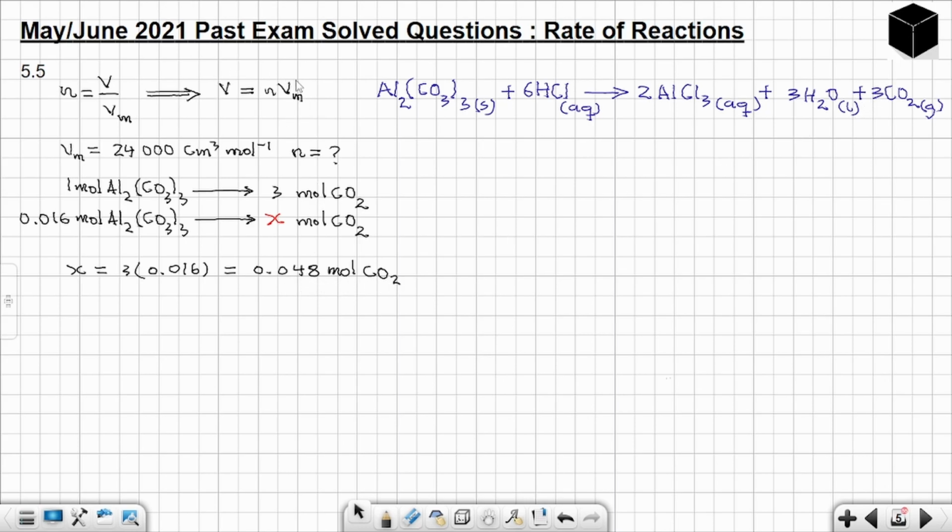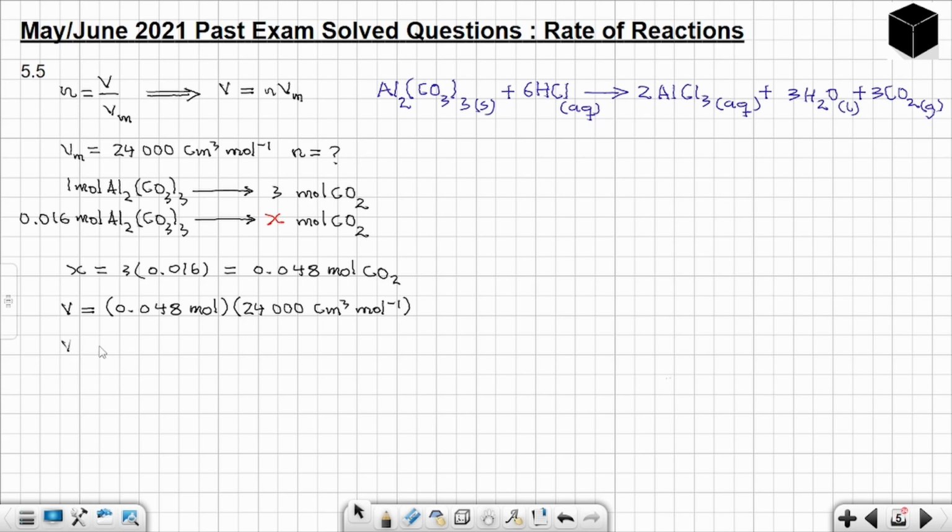Now let's get the volume. You have the formula there. V is equal to n, which is the number of moles. So 0.048 mole times the molar gas volume. It was given in the question. So it's 24,000, this one. Okay.